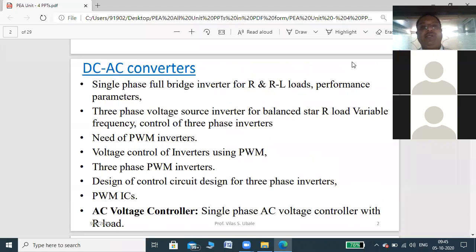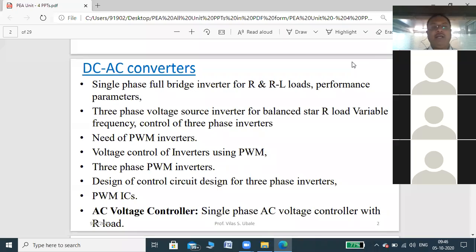So DC to AC converters. Already we have seen AC to DC converters, which are basically called rectifiers or converters. Now these DC to AC converters are called inverters.